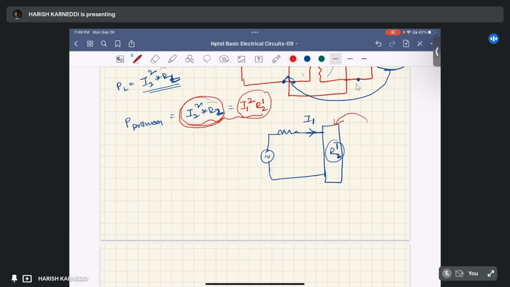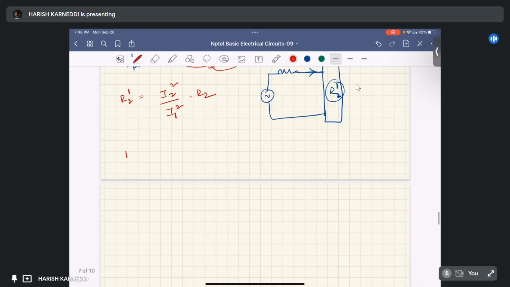What is the equivalent resistance? We can write R2 dash equal to I2 square, referred as I1 square into R2. So R2 dash equals (I2 by I1) square into R2.